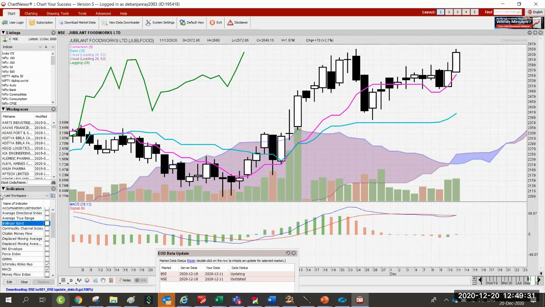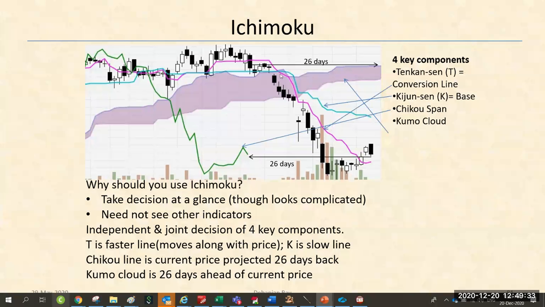You need to only know about these two. This one is the T line, the line which is moving along with the price. In this case, it is a pink line, whereas the Kijun-sen line, which is the K line, is a little bit lethargic. So this is the blue line.